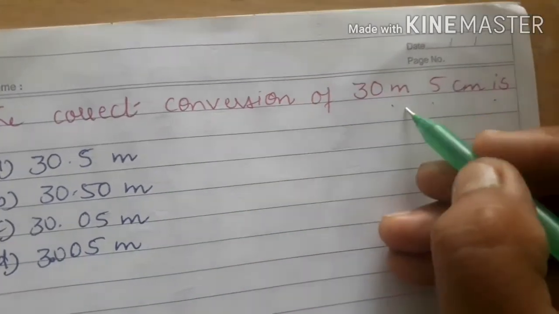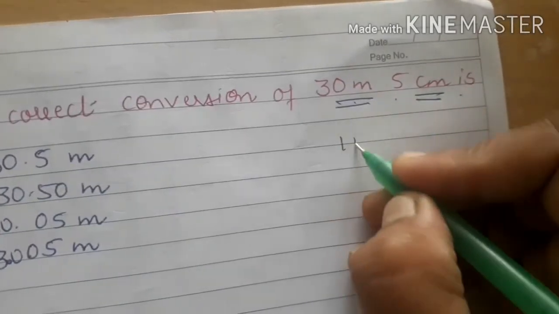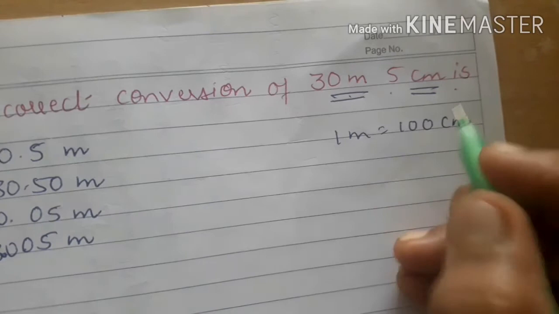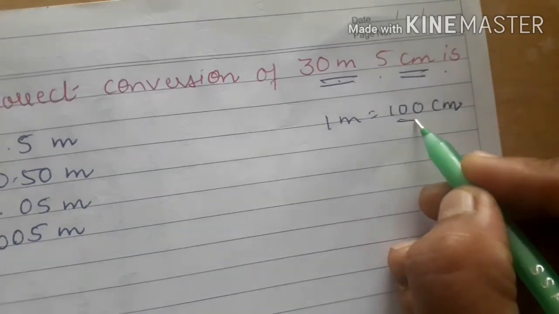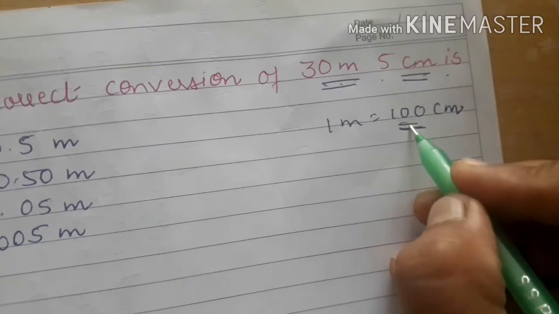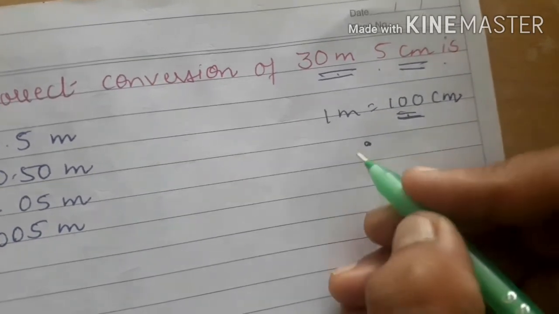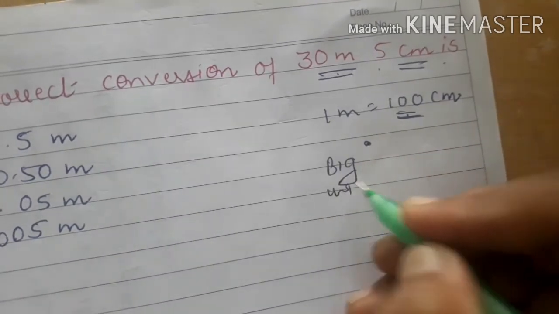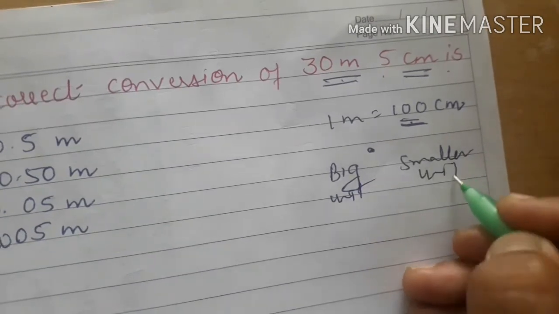So how can I think? I have to think of the relationship between these two. 1 meter is 100 centimeter, right? So after decimal point, I should have 2 digits. The other thing I have to take care is before decimal point, bigger unit, and after decimal point, smaller unit I need to write.